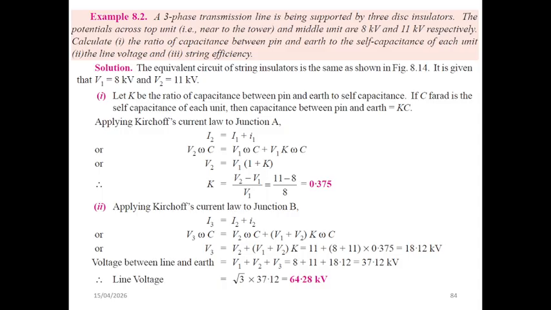This example clearly illustrates how a non-uniform voltage distribution arises across long insulator strings due to the presence of shunt capacitance, and the unit closest to the line conductor typically experiences the highest voltage stress, which is a critical consideration in high voltage transmission line design and very important.